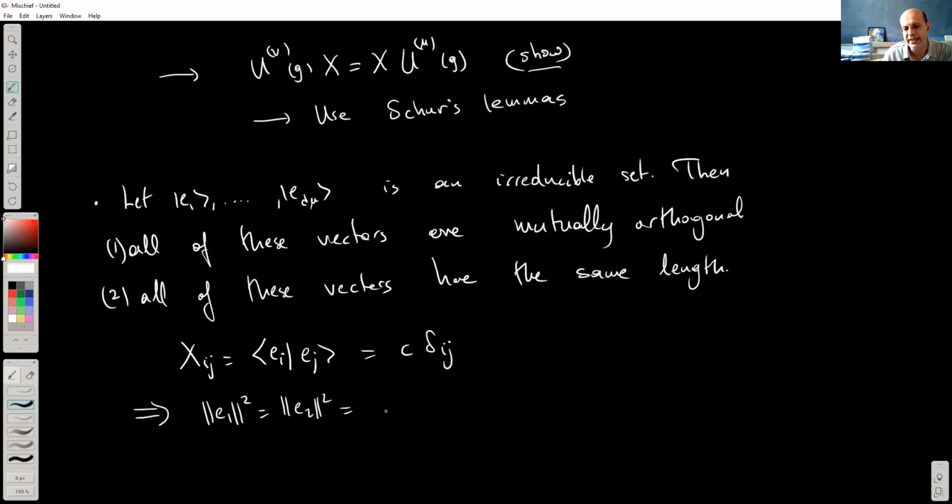The length squares are all equal to each other. So that's the second property. C is basically the length square of these vectors. And the first property follows from the fact that this E1, E2 dot product is equal to 0, etc. Okay, and that's basically what it says.